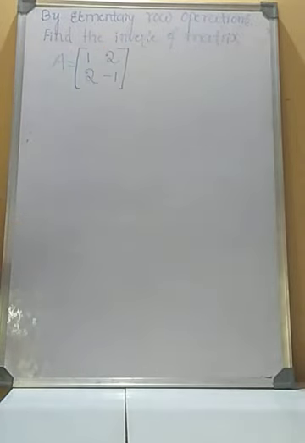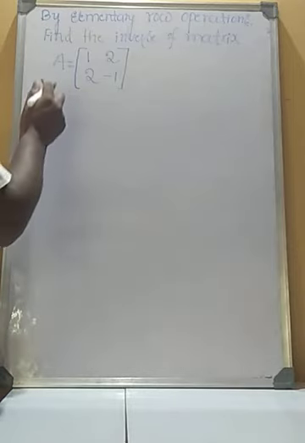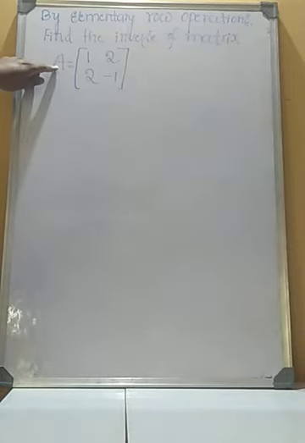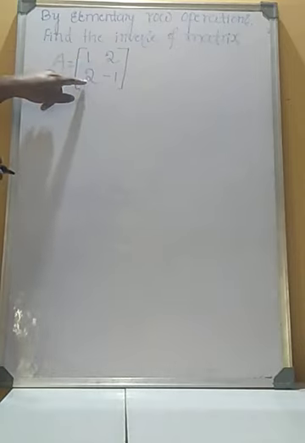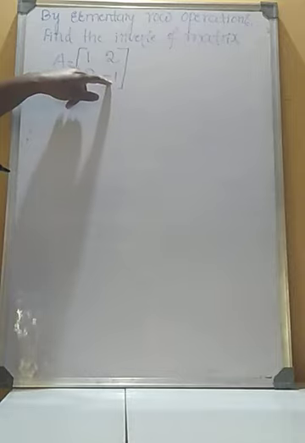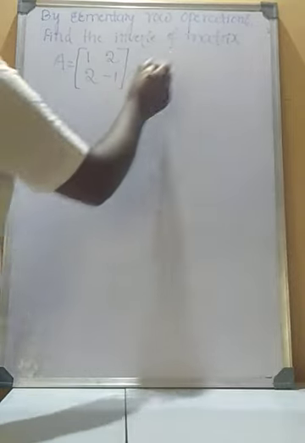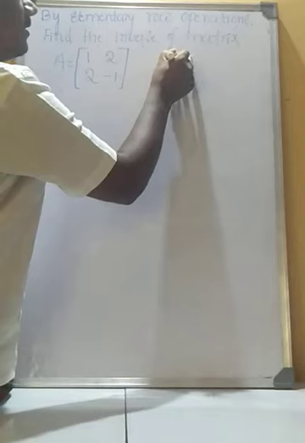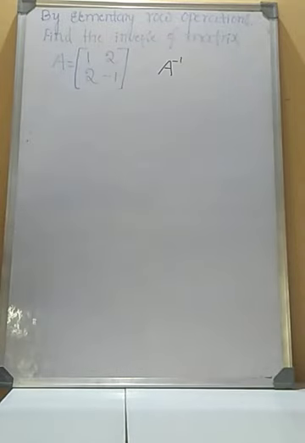How to find the inverse of matrix A using row operations? Given matrix A is 1 2 2 minus 1, find A inverse by using row operation.